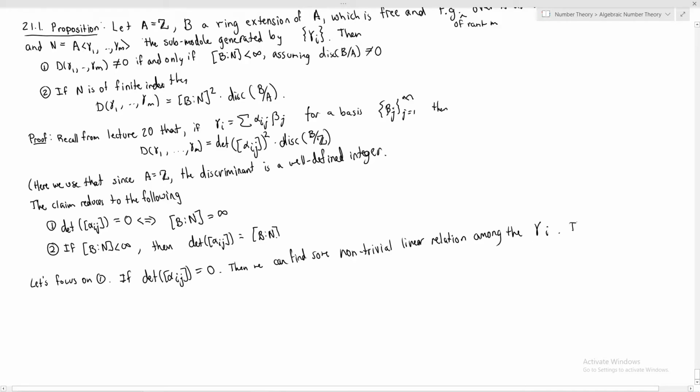Then these things aren't actually a basis for n. I want to claim that n can be generated by a smaller number of generators. Claim: n can be generated by a smaller number of generators.